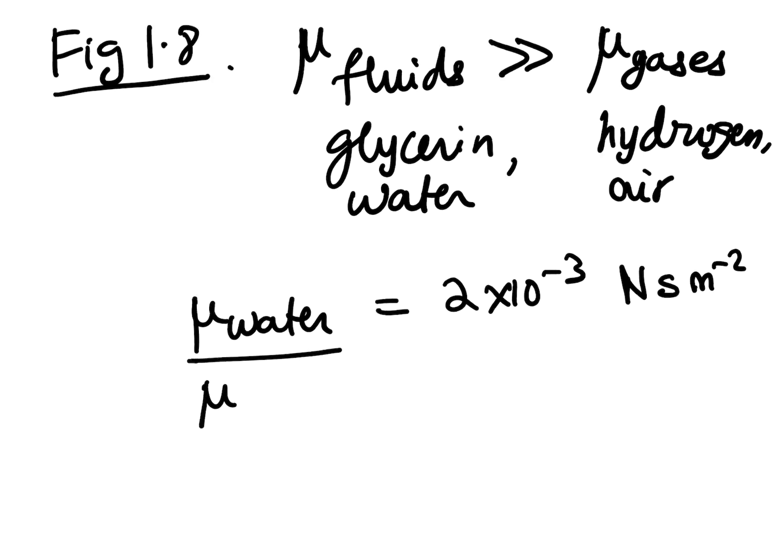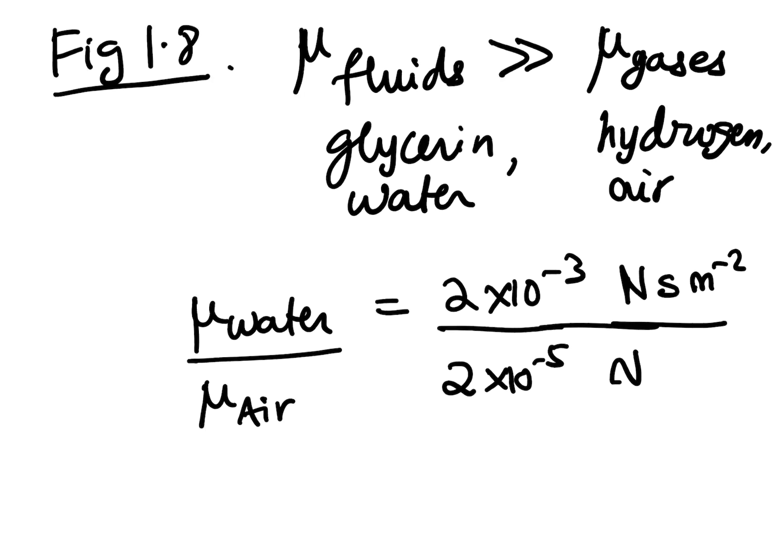We'll come to units in a second. Compare that with the viscosity of air, which is about 2 times 10 power minus 5 Newton second per meter squared. Okay, this is about a factor of 100. That is, water is 100 times more viscous than air.